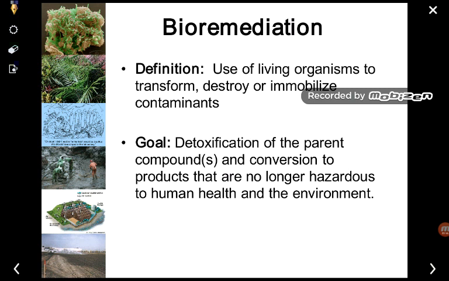Now coming to the topic, that is bioremediation. So what does the definition say?